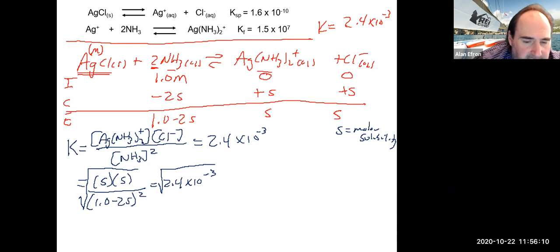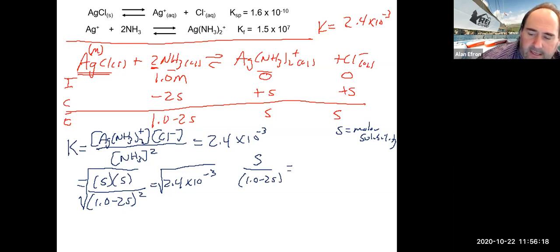When we square root the left-hand side, that leaves us an S and a 1 minus 2S. On the right-hand side, I'm going to take the square root of 2.4 times 10 to the minus 3, and that's going to give me something like 4.9 times 10 to the minus 2.